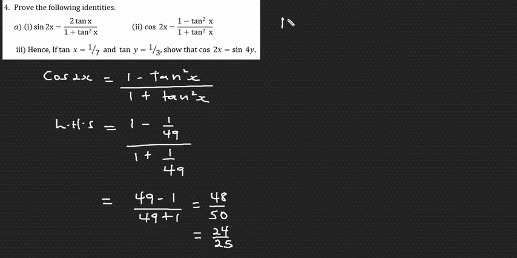Let us talk about the right hand side. The right hand side, we have sin 4y, but this can as well be written as 2 sin 2y cos 2y. We use double angle, but this is 4y, so the half of 4y will be 2y.